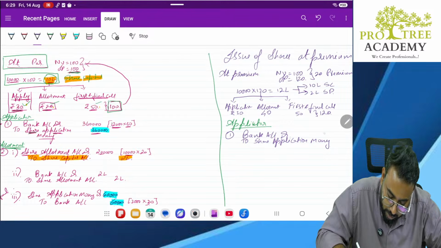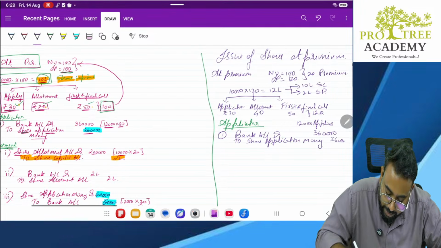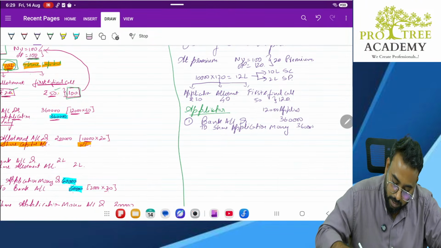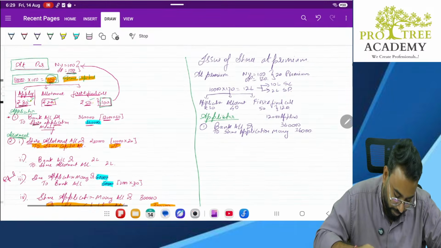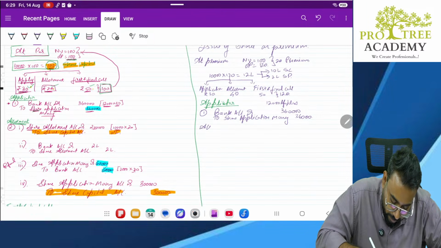So say for example, again 12,000 applied. So that will be 3,60,000. No change. I have taken an example so that you understand where the journal entry exactly changes. Clear? Next, allotment.